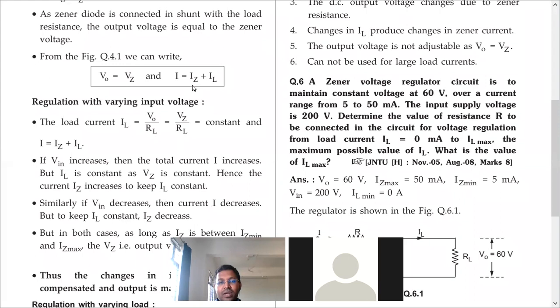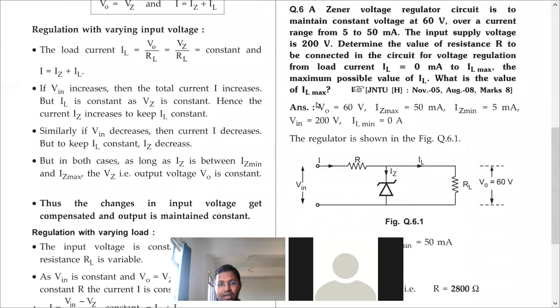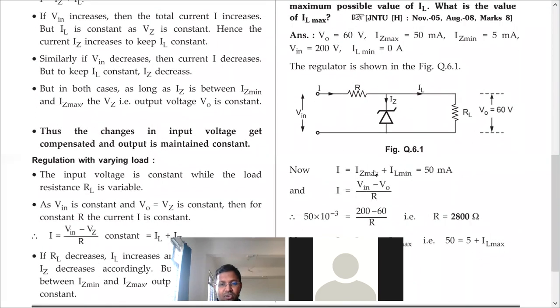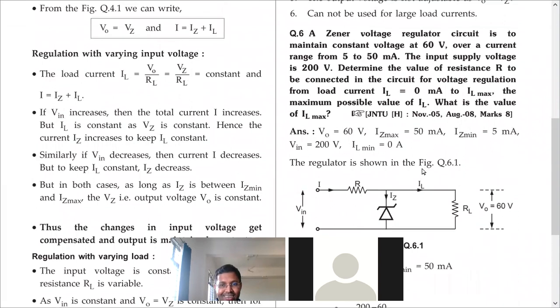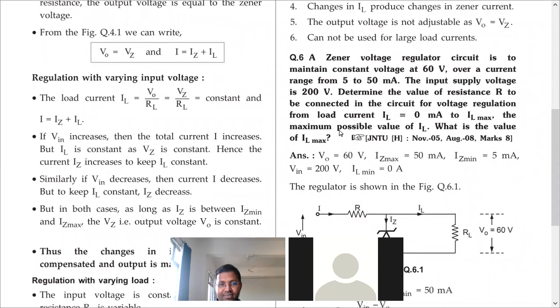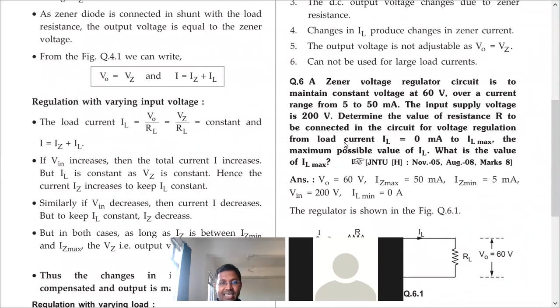So I is equal to IZ min plus IL max. I already we found out 50. Then IZ min is given 5. So from that we can find the IL max.